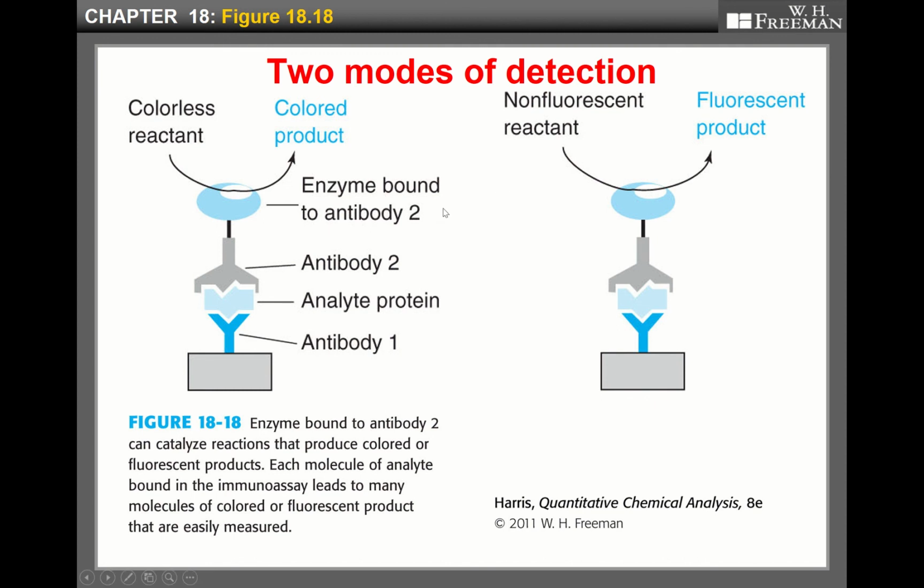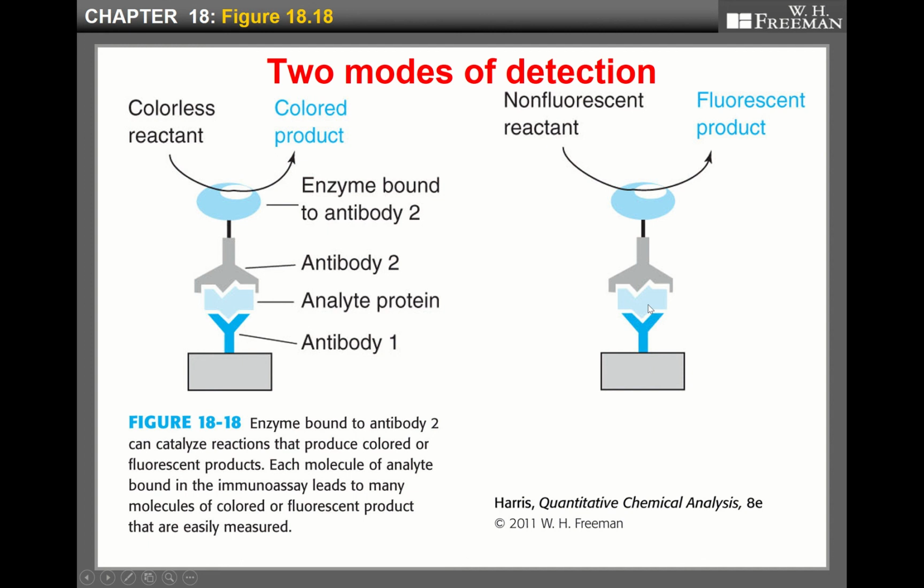Another way of detection is to use a non-fluorescent reactant, but this non-fluorescent reactant becomes a fluorescent product after being reacted by this enzyme. So the thickness of color depends on the number of analyte, and also the fluorescent intensity is proportional to the number of analyte.